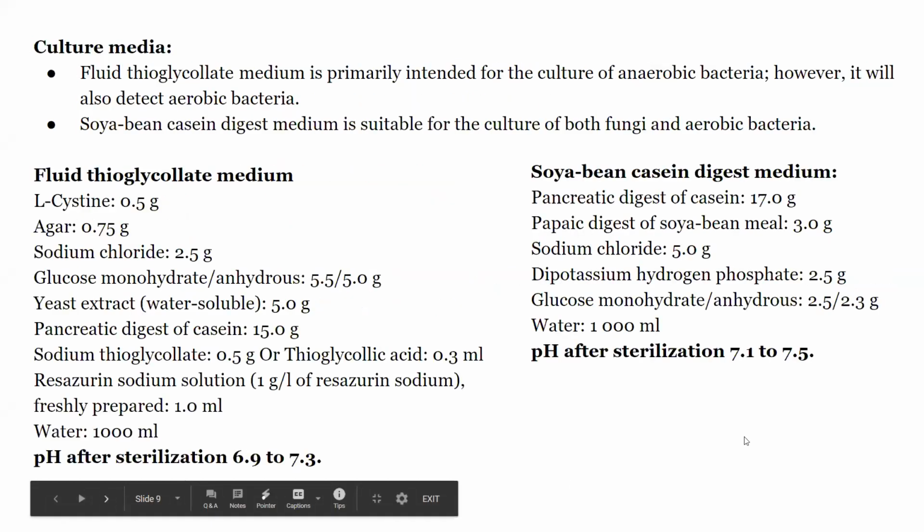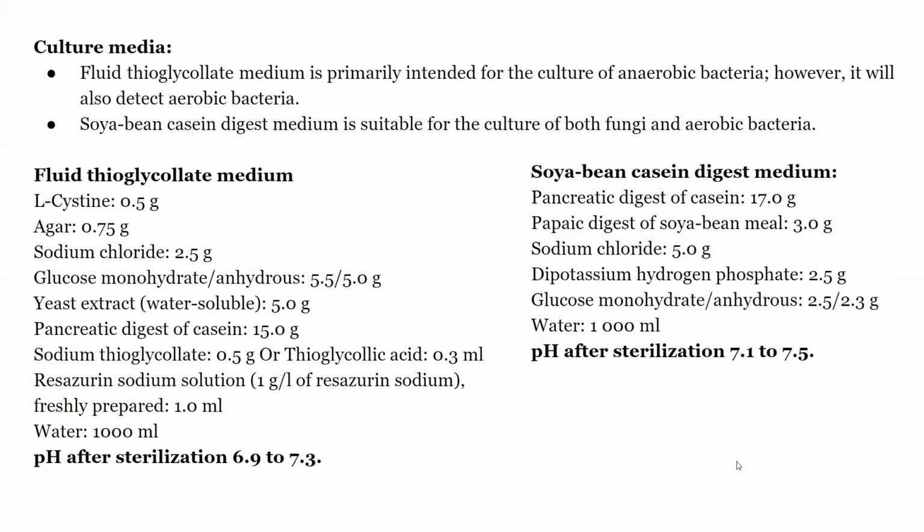The culture media which are used for the sterility test are generally two, unless specified in the specific monograph of the medicament. Fluid thioglycolate medium is generally used for anaerobic bacteria, but in some cases aerobic bacteria can also grow upon it, whereas soybean casein digest medium is suitable for fungi and aerobic bacteria.